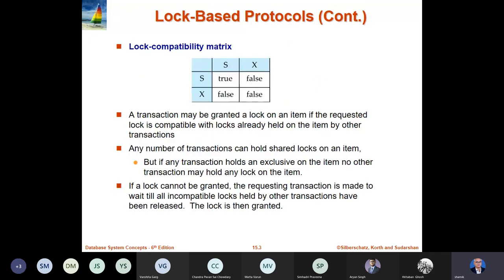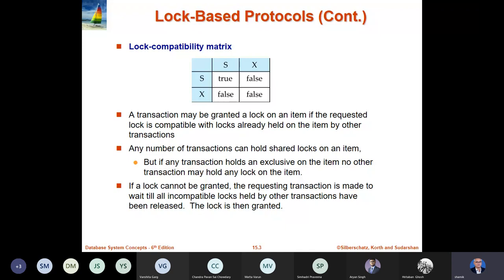And lock compatibility is very easy to understand. If two transactions are both only reading the same data item Q, so these are all with respect to a particular data item. If a transaction T1 wants to read the data item, similarly T2 is also only reading Q. It can write to other data items, but for Q it is only having a read operation.